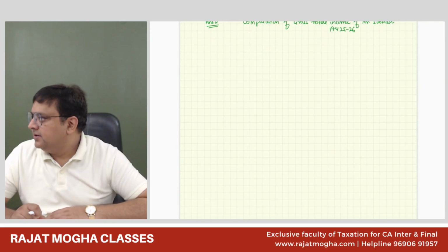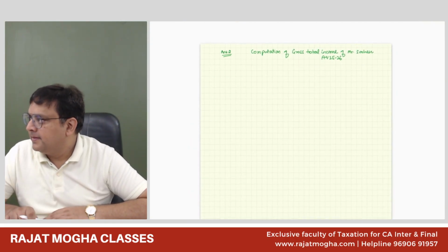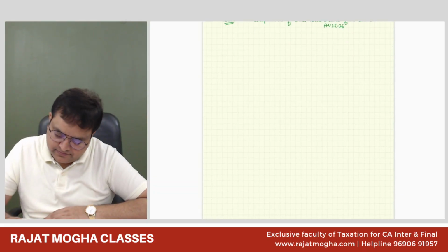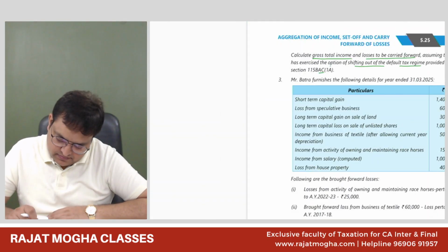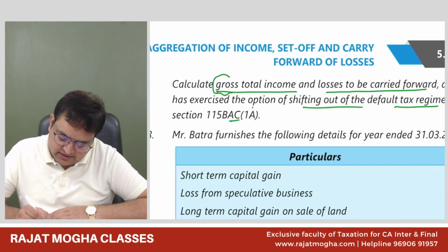Bala, what are you saying? I think I said computation of total income. We should calculate total income, sir. Hmm, okay, they have asked us to calculate the GTI. Sorry, sir. Okay, no problem.